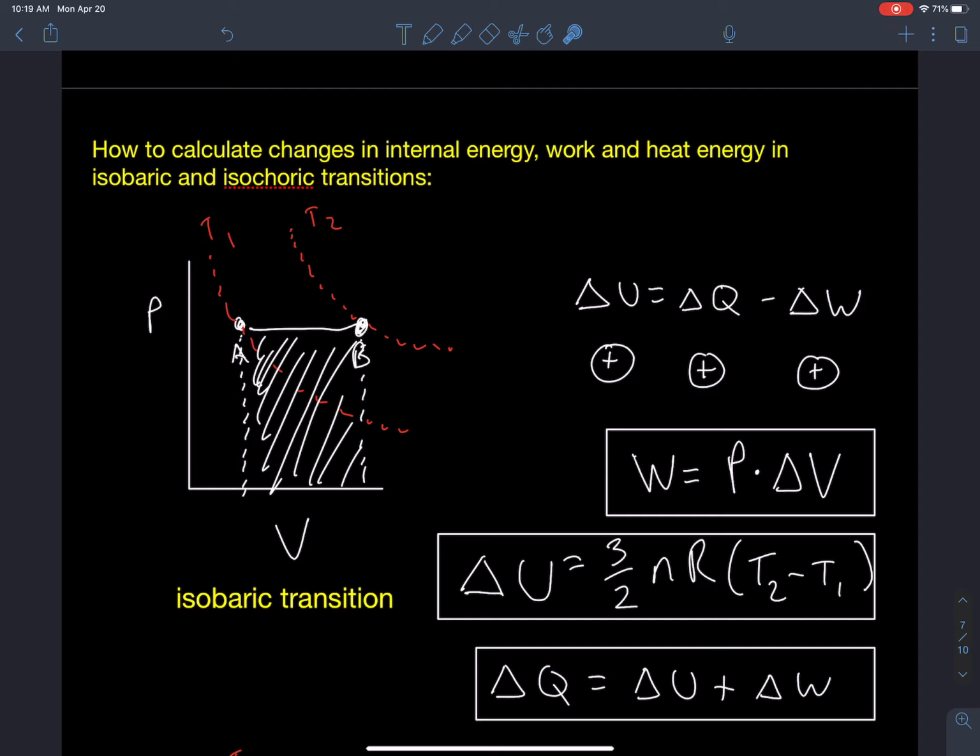The next and last transition that we're going to look at is an isochoric transition, where the volume doesn't change. Sorry, I didn't write isochoric, but the volume doesn't change. I'm just going to write that so we don't lose it. Isochoric. In that case, the gas is starting here at a colder temperature.